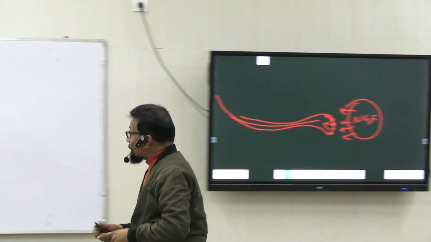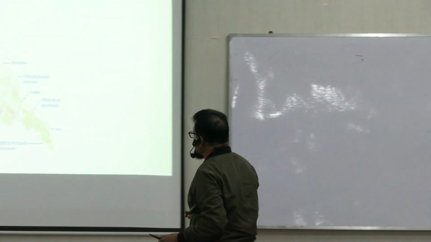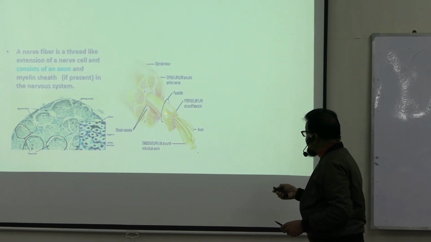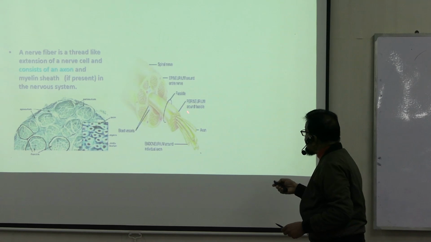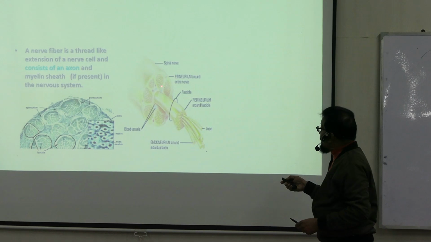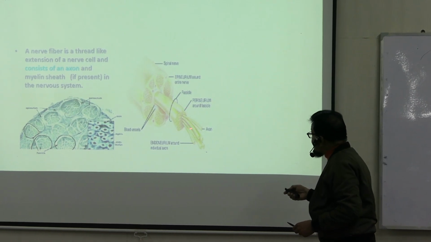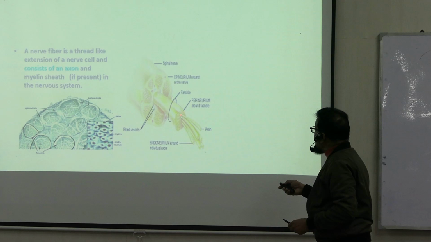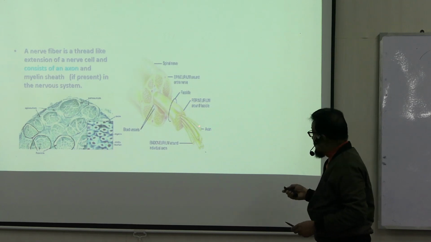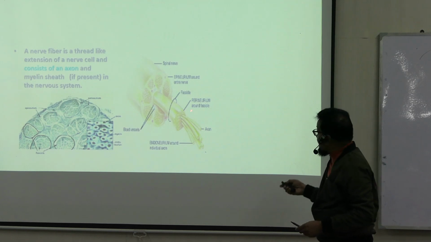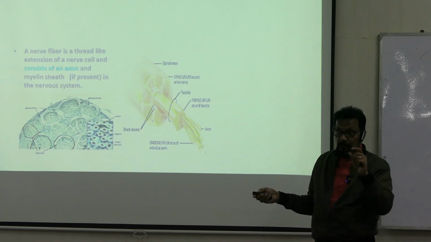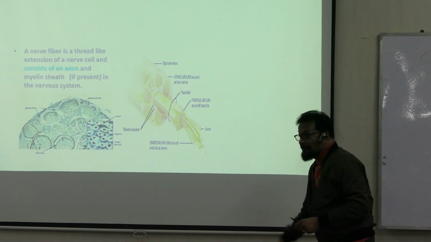Now, a lot of these nerve fibers, meaning axons, are bundled into a fascicle, a fasciculus, and this fasciculus is surrounded by a membranous structure. This is perineurium. Endoneurium covers each individual fiber, while the fascicle is covered by another areolar tissue membrane called perineurium.